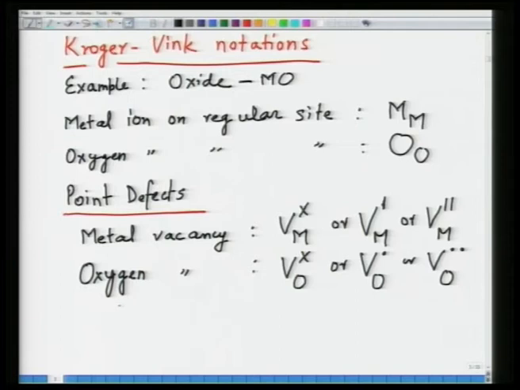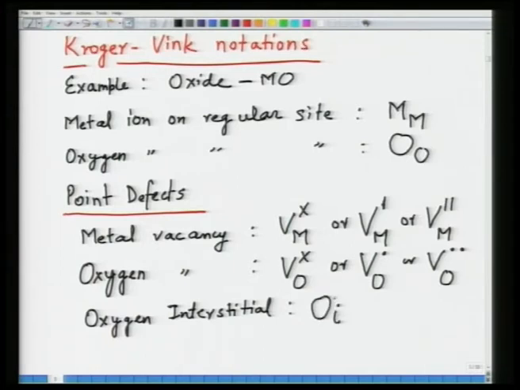And if you have an oxygen interstitial, which means oxygen going to an interstitial site, this would be OI, and if it is completely charged, it would be OI double dash.